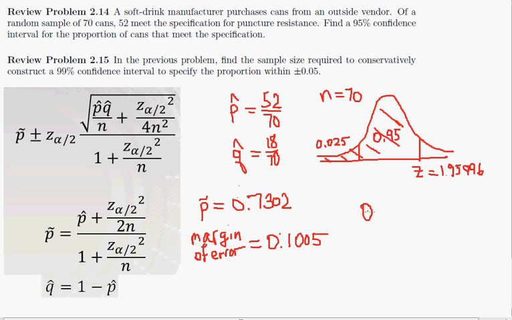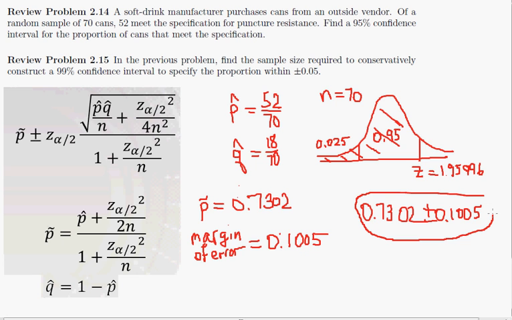And so there's my answer, about 0.7302 plus or minus 0.1005. And so that will be the answer to problem number 14, my 95% confidence interval for this proportion.